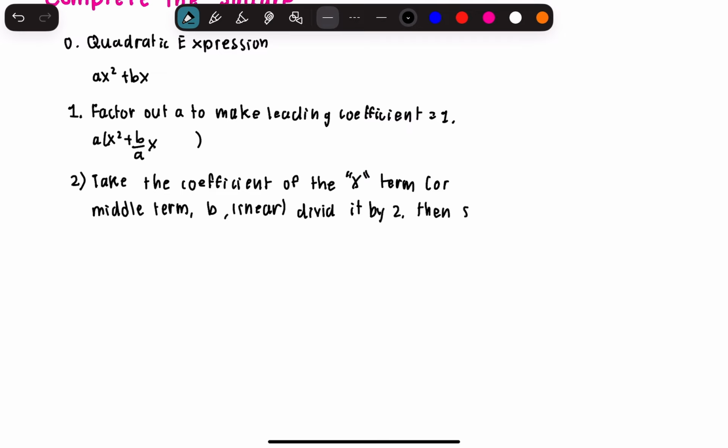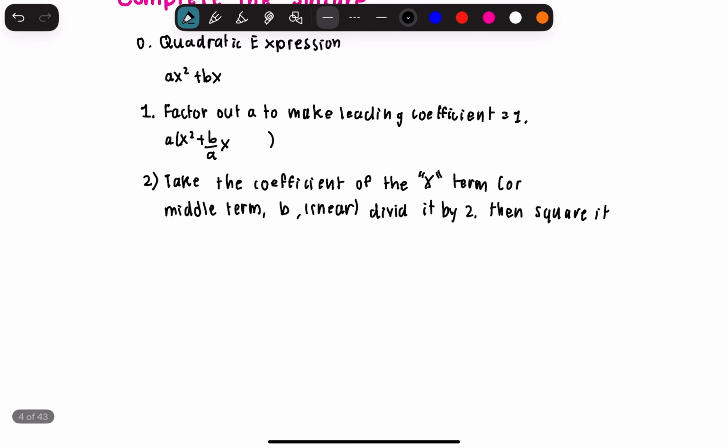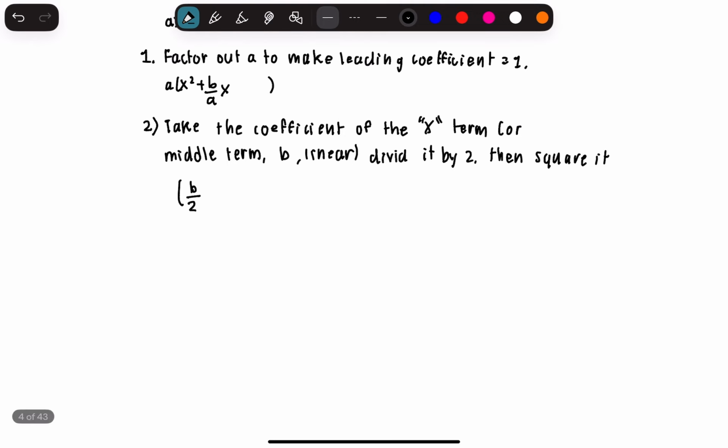Then you square it. So you're going to have b over a divided by 2, which equals b over a times 1/2, which is b over 2a.